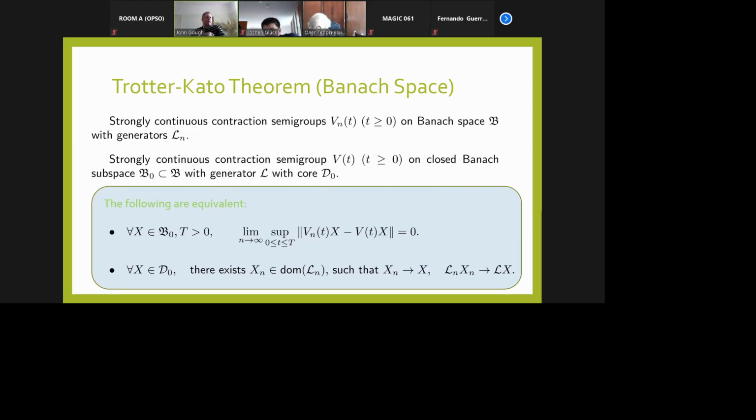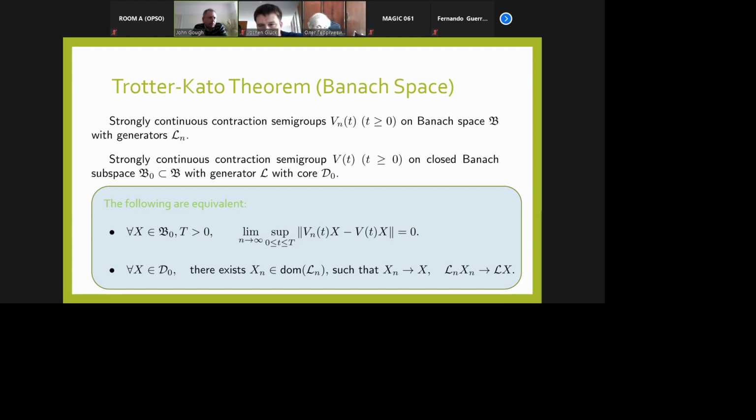There's also a Banach space version of this. So if you wanted to describe the Heisenberg picture here, we've now got a strongly continuous contraction semigroup family, again, under compositions.